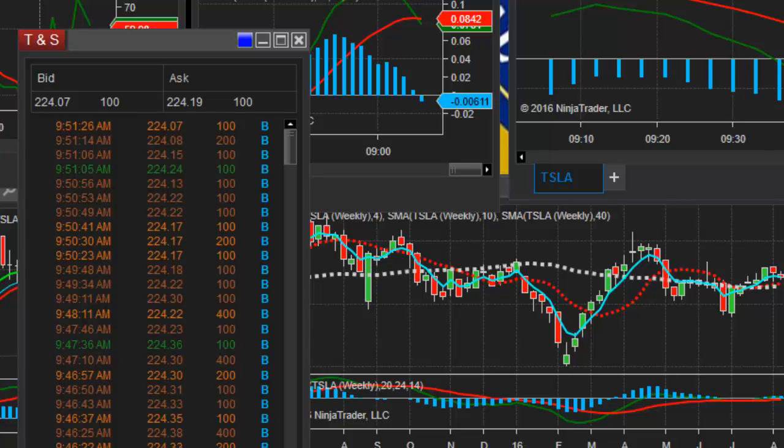Notice the pace on the time and sales is starting to pick up a little bit. If the stock price should start to fall, we would expect to see this time and sales speed up. We would also expect to see the spread on the price by the market makers decreasing.